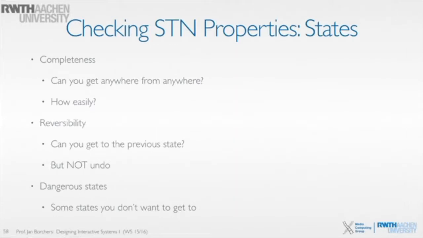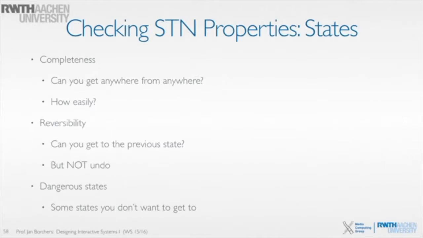You don't want to get stuck in one particular state in your user interface and not be able to get out of it anymore. You can also ask yourself, how easily can I get from one state to another one? And that will give you a measurement for how fast it is to operate the user interface to move between states. And it's something we can determine using basically algebraic principles and analyzing graphs.